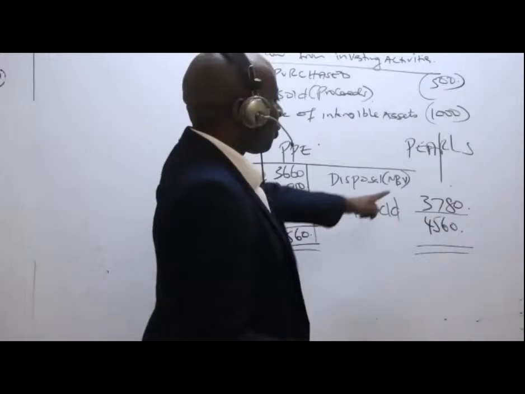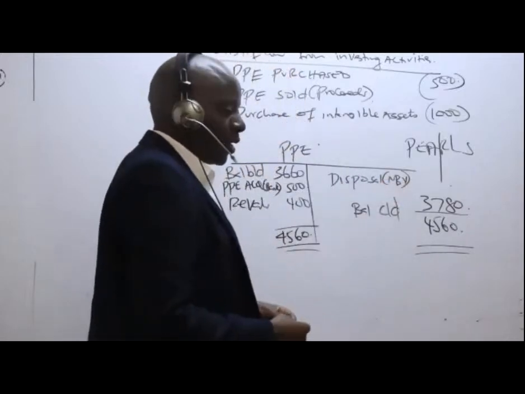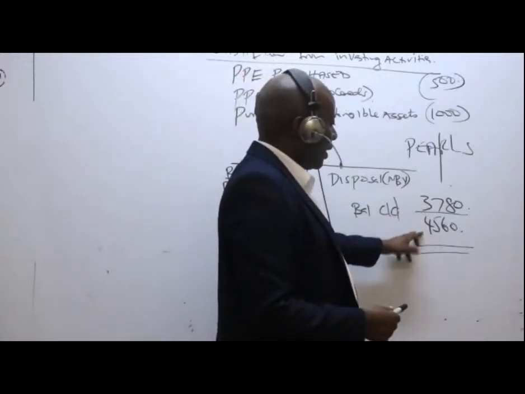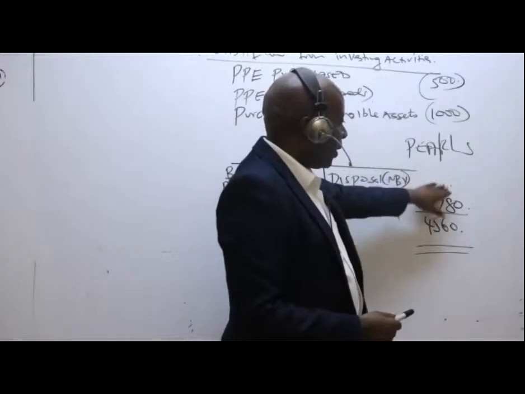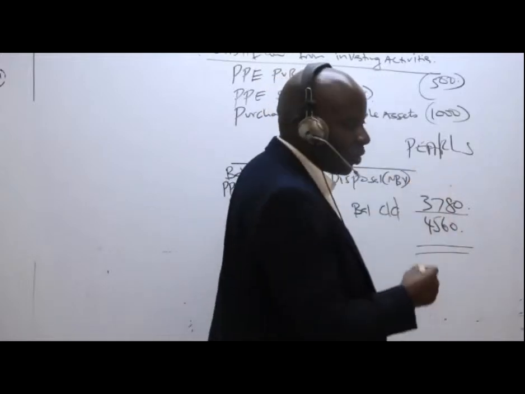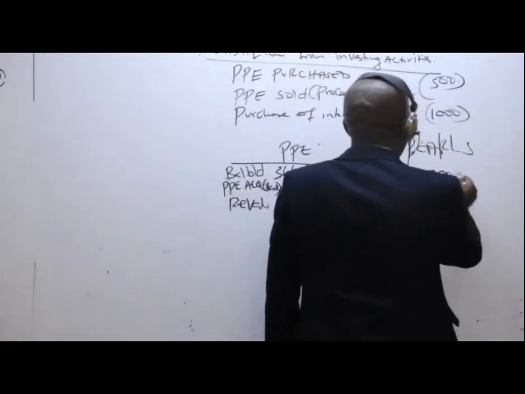So could you kindly give me the disposal net book value? The net book value now will be this minus this figure. What figure are we getting here, somebody? According to Helen, this should be 780.